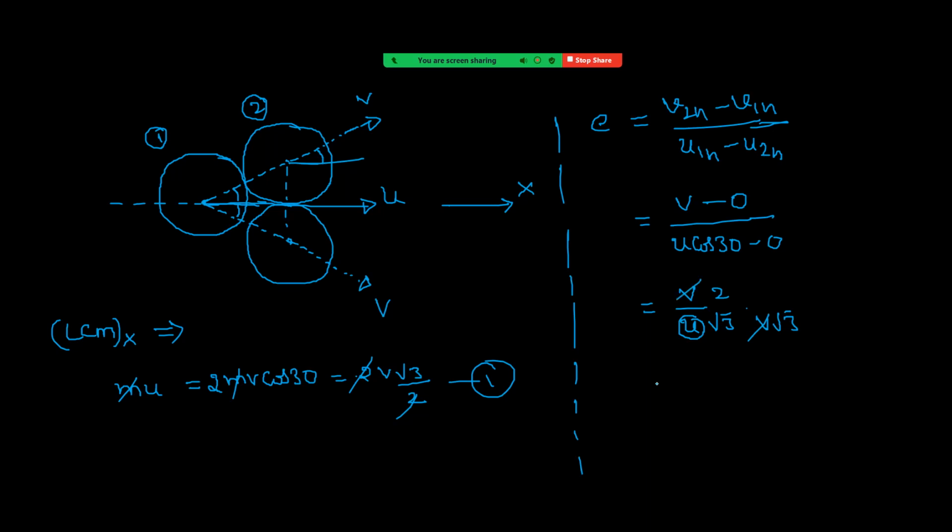V gets cancelled. It becomes now 2 upon 3. That is now the coefficient of restitution. Okay. So focus carefully on how we are taking components along the common normal. If you know that, you can solve the question.